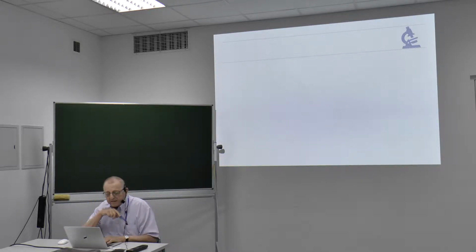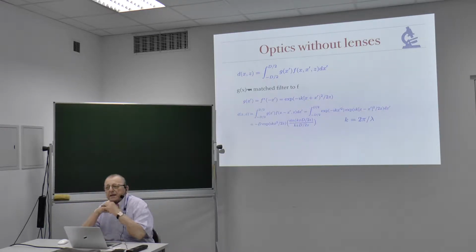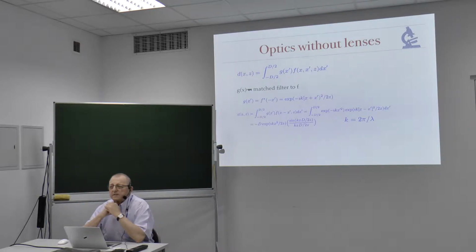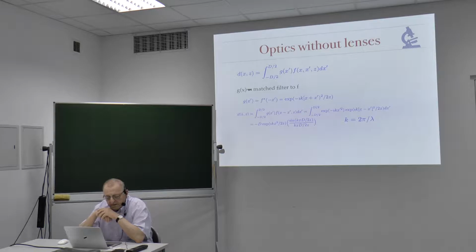So at the optical axis, the matched filter depends exponentially, but with the distance square from the center of the lens. If I go over the aperture, it's the largest in the middle, and it decays when you go to both ends of the lens. So now I can calculate the function d.